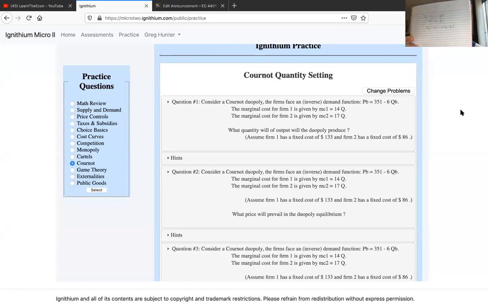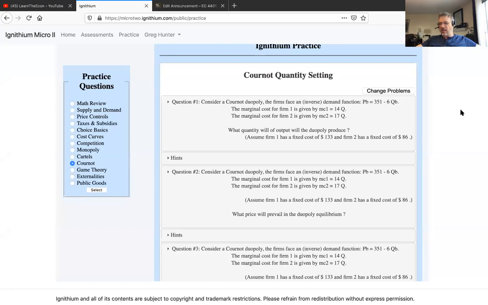Yeah, and you'll notice in mine, and this is what I was trying to tell you guys last time, that's why I was doing the little wings on the Q2. Here I have Q2 bar, to designate that Q2 is a constant from the perspective of firm one.